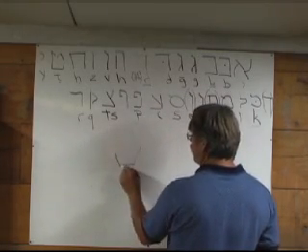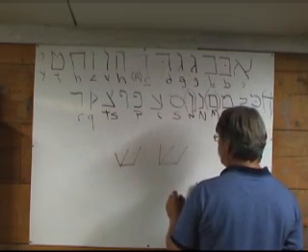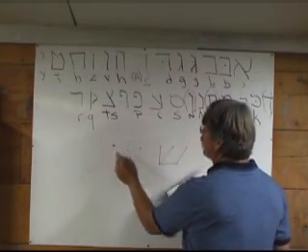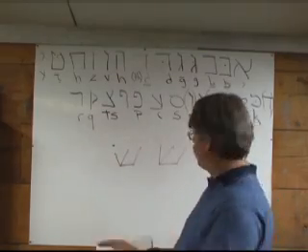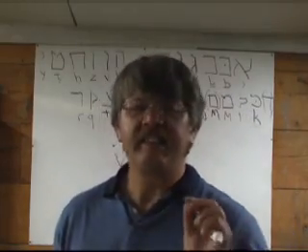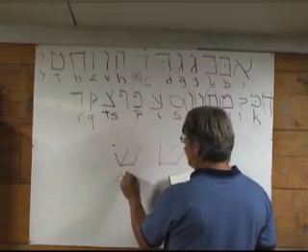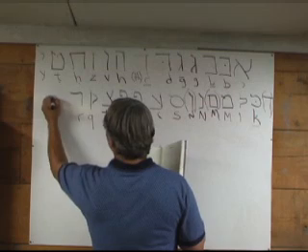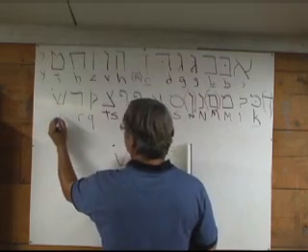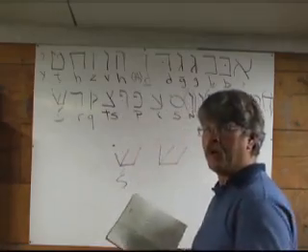Now the next two are very similar to each other. Here's how I do it. I go like this. Some people will go like this and then like that. That's fine. The one with the dot here, and this is not a dagesh. This is just a dot. Above this letter, this is pronounced Sin, as in seen. It's transliterated S with an acute accent like this. So Sin, with the dot on the left, is S with the mark. Okay?